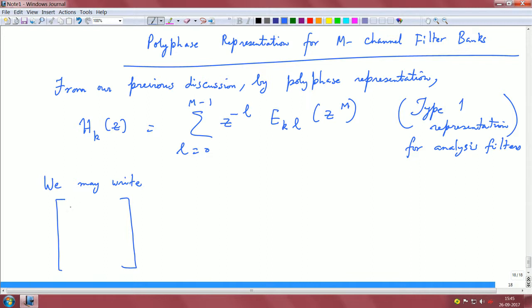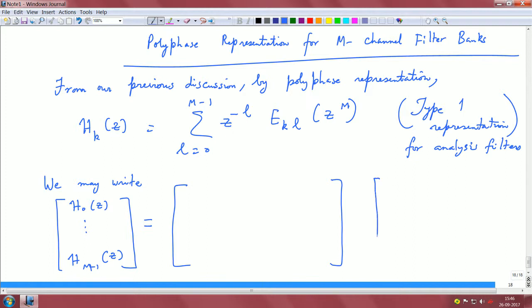We stack all the analysis filters H naught of Z so on till H M minus 1 of Z, and we link this with the polyphase components and then the delays.